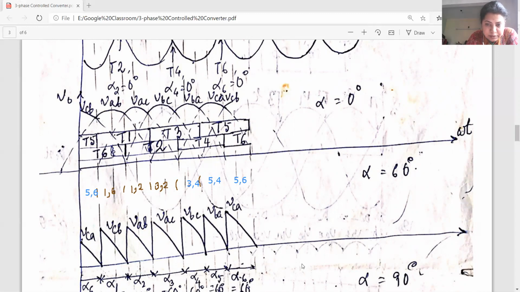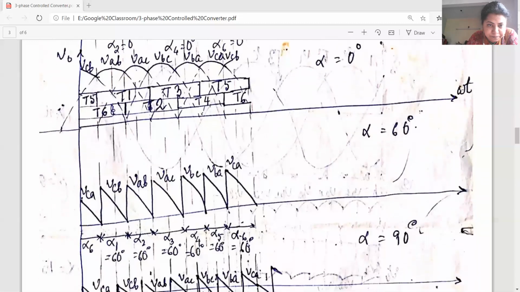So this is clear to all of you. This was with alpha equal to 0 degree. For alpha equal to 0 degree, we are getting only the line voltages VAB, VAC, VBC, VBA, VCA, VCB.